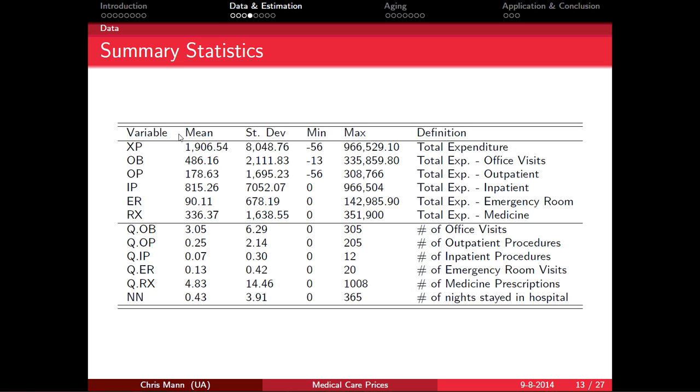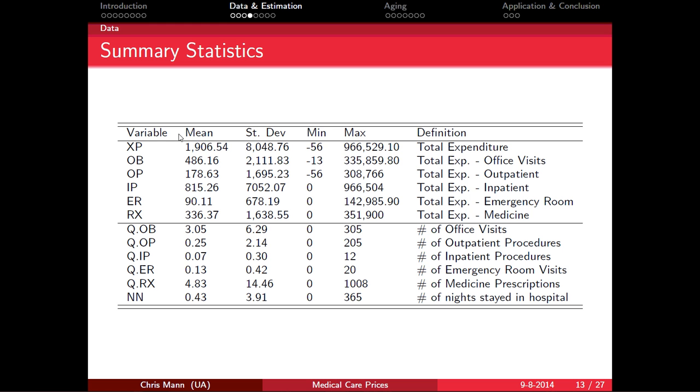So office-based expenditures are about $486. Of course, that represents an average of 3 office-based visits for the average treatment. And the average outpatient procedure cost per treatment is $178.